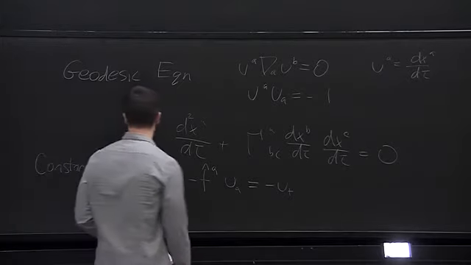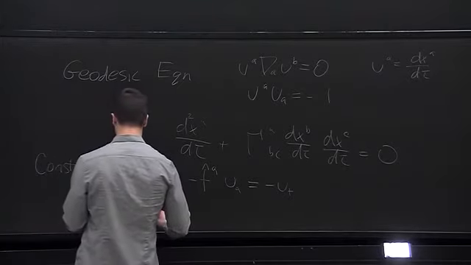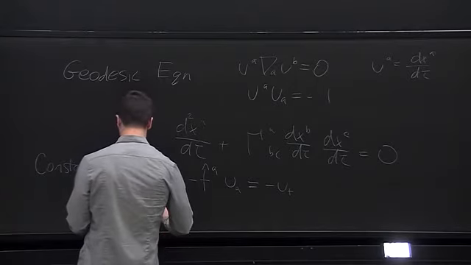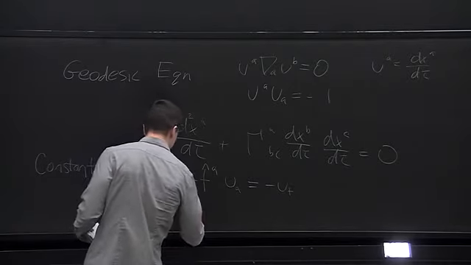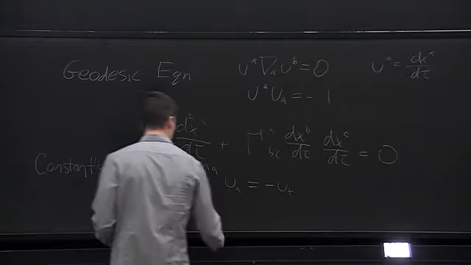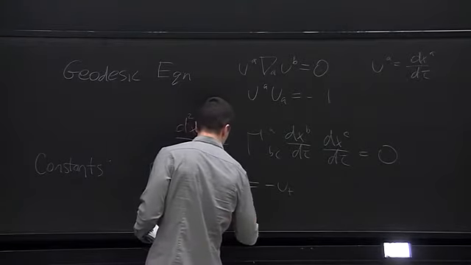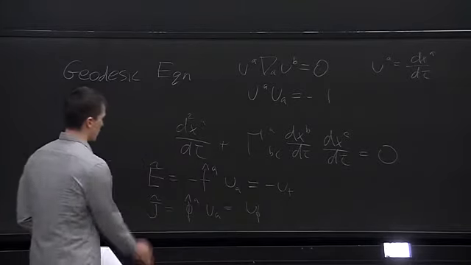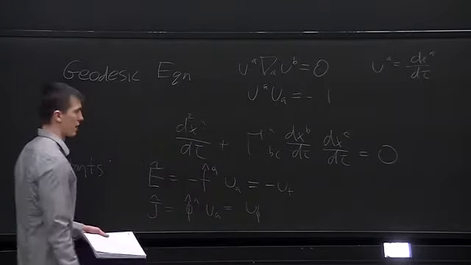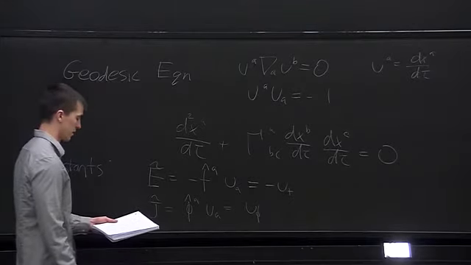And then, of course, we can do the same thing with our axial Killing vector, and again we get this angular momentum per the mass of the particle.